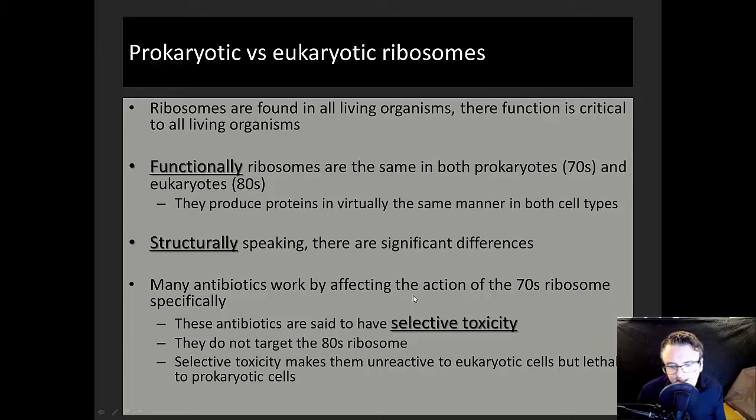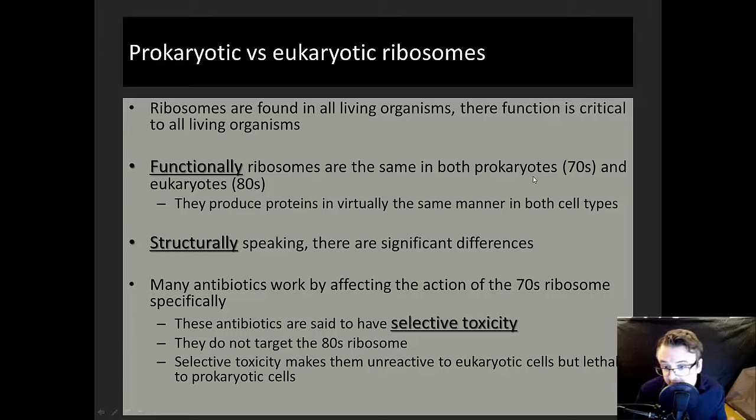Now, this applies in a lot of other contexts. All drugs are somewhat selectively toxic. This is just one example of how that would apply in a way that makes a drug specific to bacteria. To clarify, you target the ribosome type found in bacteria, which is different from the ribosome type found in the eukaryotic host, and as a result, the drug theoretically hones in on just that structure.